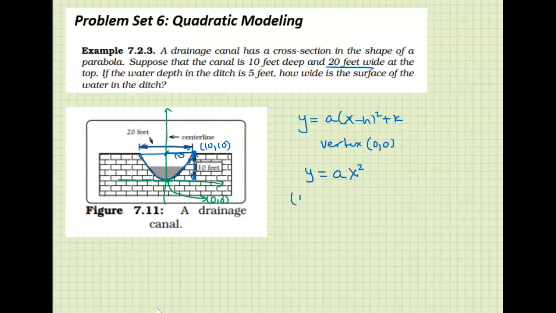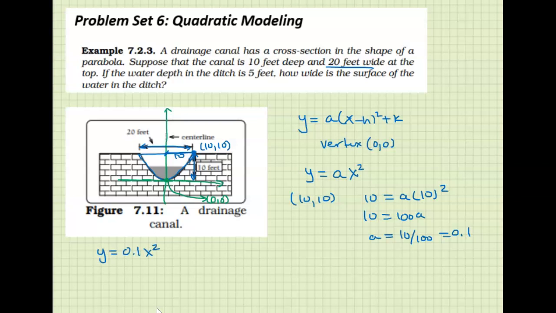If I plug that point in, we get 10 equals a times 10 squared. 10 equals 100a, so a is 10 over 100, which is 0.1. So the equation of our parabola is y equals 0.1x squared.